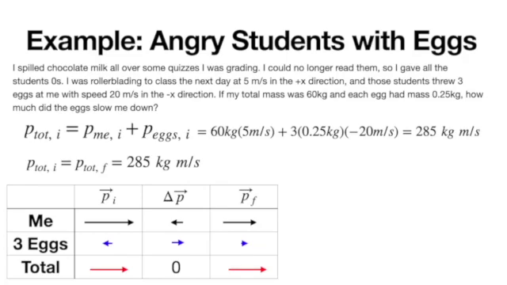So if I have this final momentum that's total, I can write that out as whatever this last column's equation would be, this P final column, where my P total final is just the sum of my final momentum, 60 kilograms times that VF, plus the egg's final momentum, which is their mass times that final velocity.